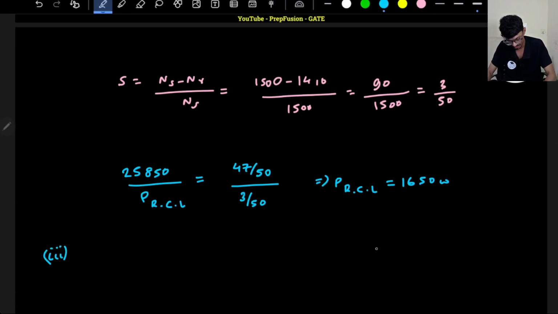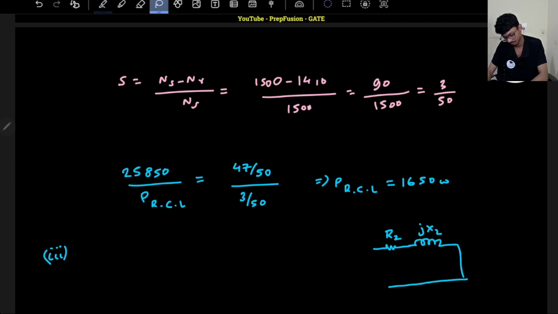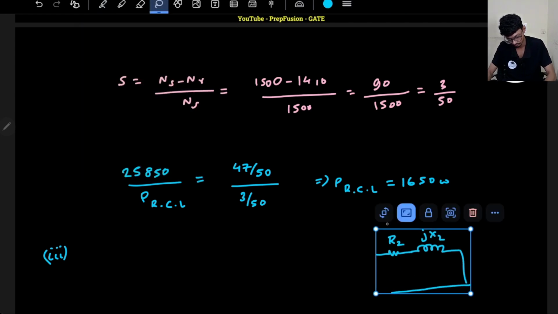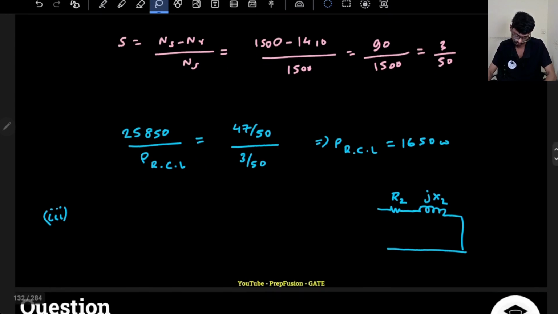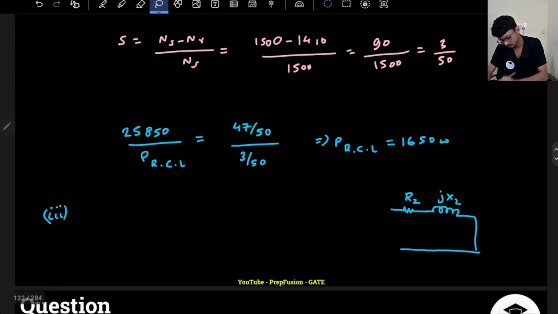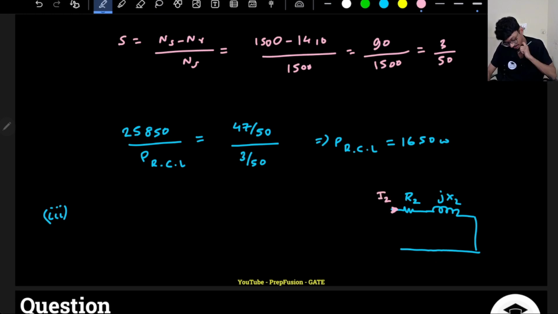So if I draw the equivalent circuit, here I have R2, here I have jX2, okay. This is I2 and they have given me this I2 current to be 65 amperes per phase.